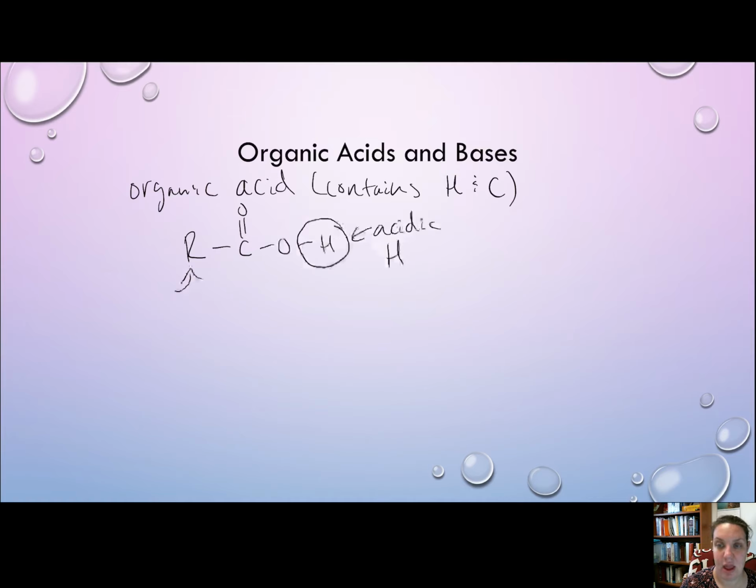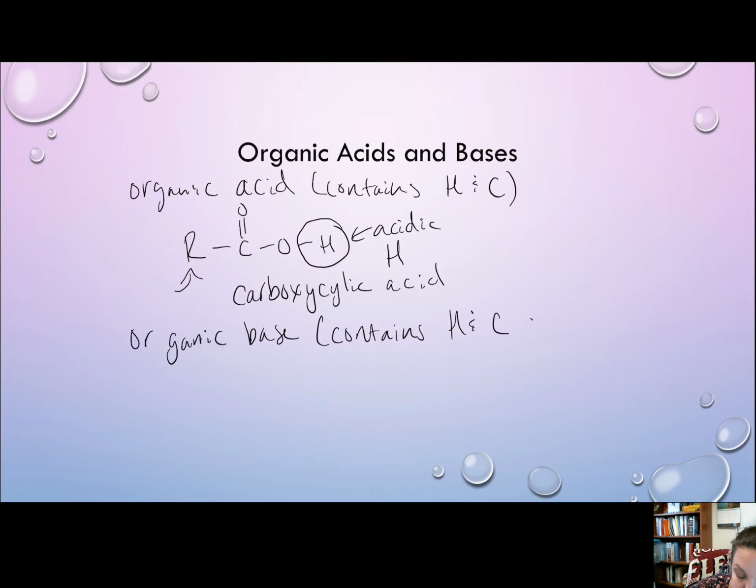Okay. And then if we have an organic base, we have a base that contains nitrogen, it also contains hydrogen and carbon. So if you see that nitrogen, you know you're talking about a base. If you see the oxygen, it's an acid. So both of them contain carbon and hydrogen. The bases contain nitrogen.